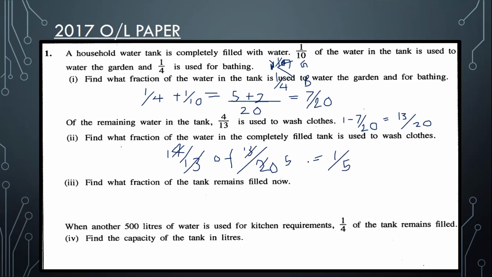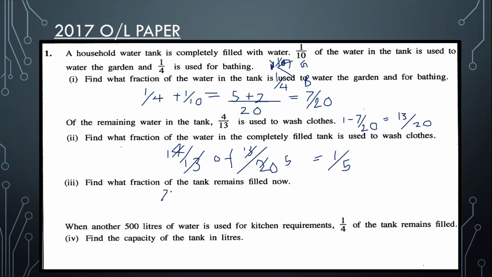So you know already, easily you can do it as like this. Already you have used 1/5 for washing clothes and, sorry, 7/20 to garden and bathing. So the total will be, you can do it like this.